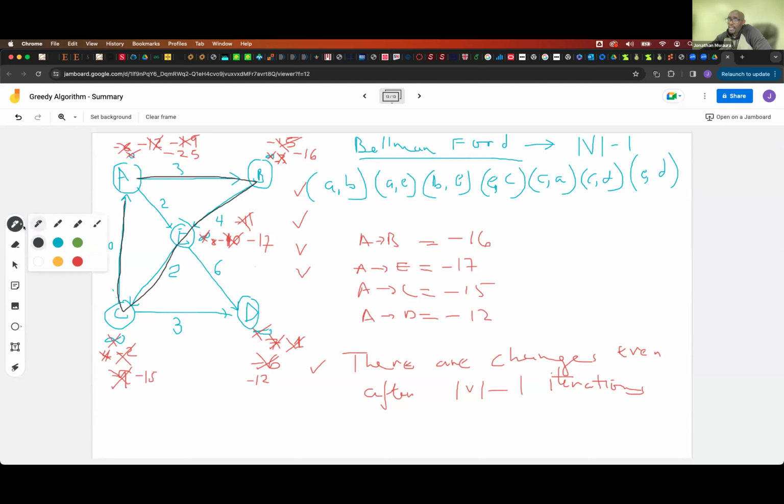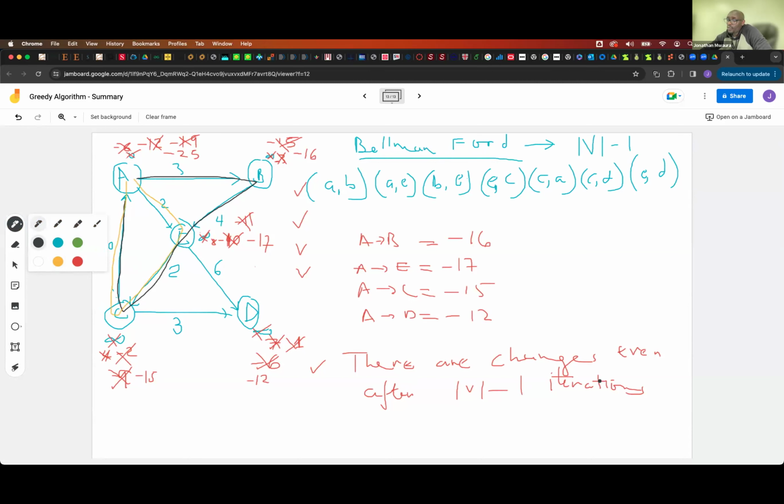Also, from A to E, and then to C, and then back is 2 and 2, 4, and then minus 10. That's minus 6. So there is a negative weight cycle. So what is this technique?